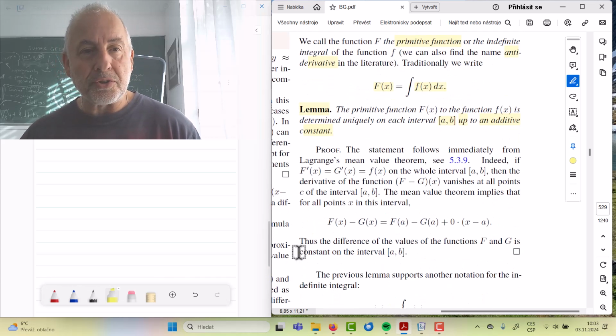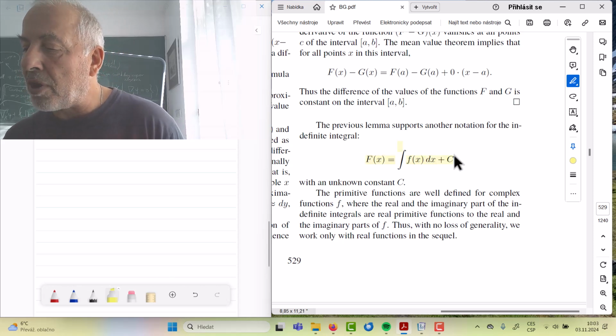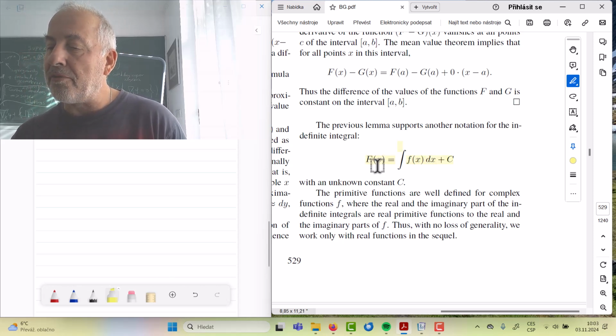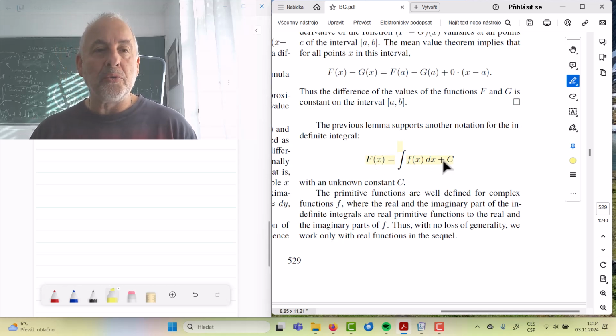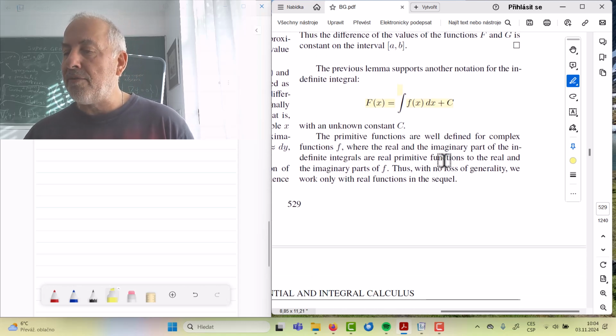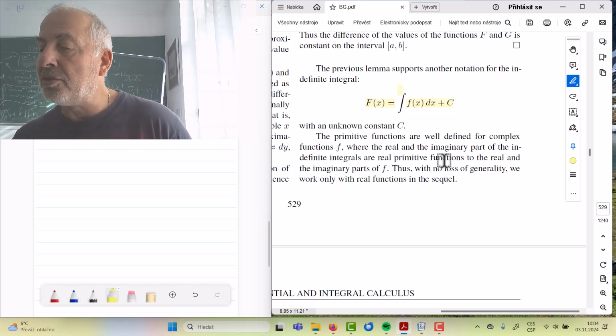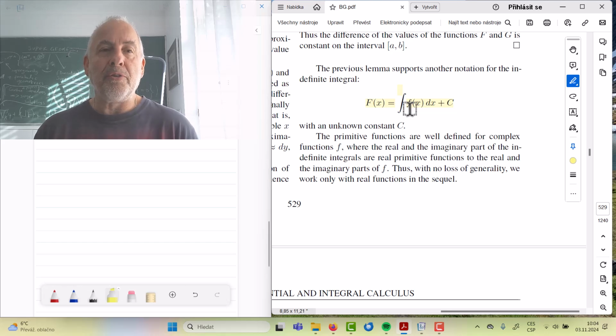So that's straightforward, we don't have to go into detail, but therefore we mostly write the indefinite integral as something which has got an unknown constant c there. If we have a complex valued function f, then of course the primitive functions, the antiderivatives, make complete sense, no problem with that.